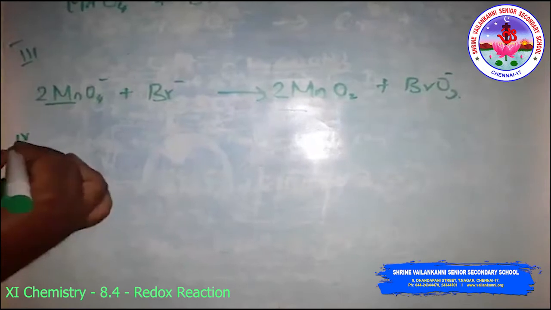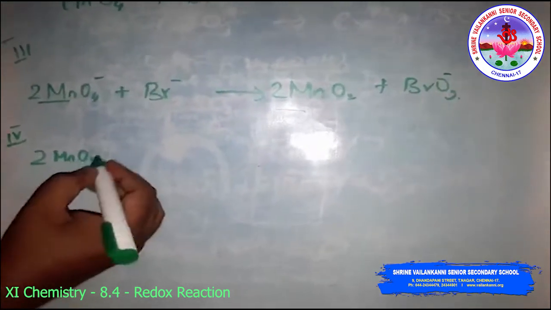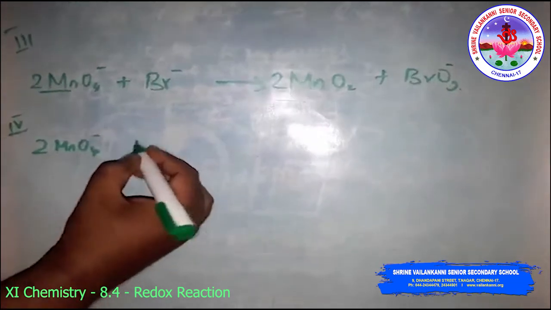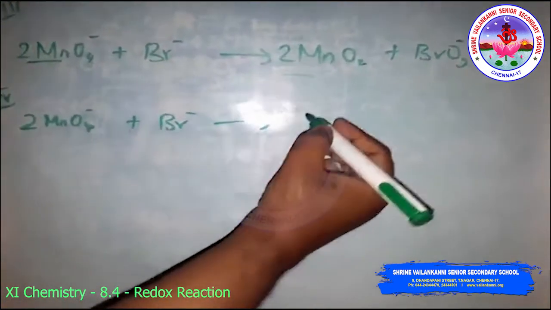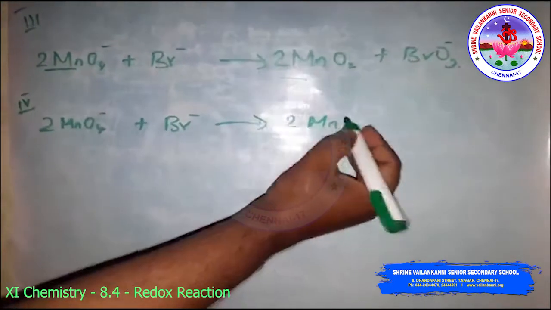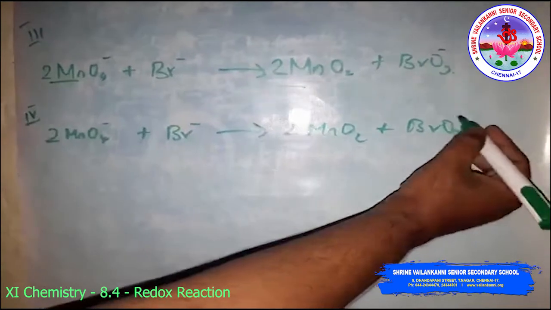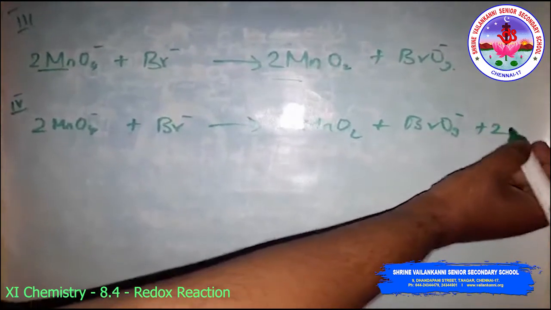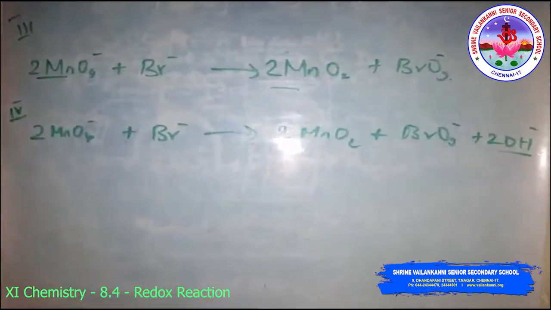That's step 4: 2 MnO4 minus plus Br minus gives 2 MnO2 plus BrO3 minus plus 2 OH minus. So we add hydroxide ion in this equation.